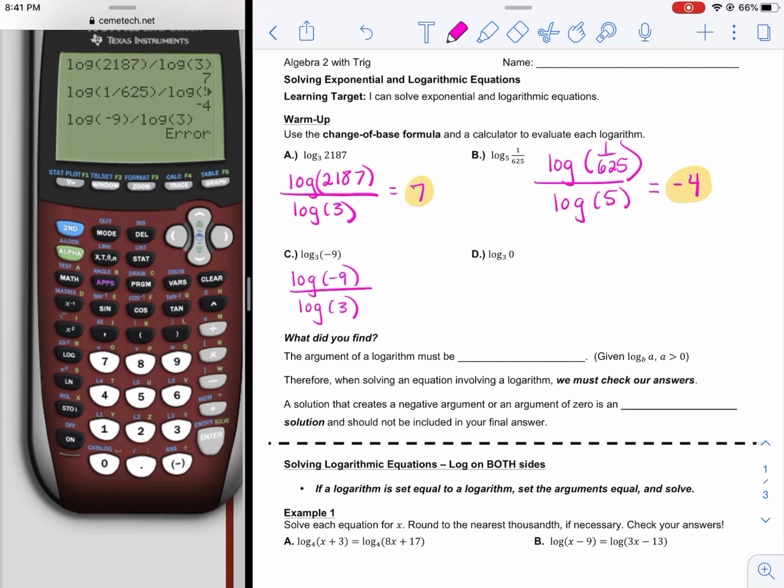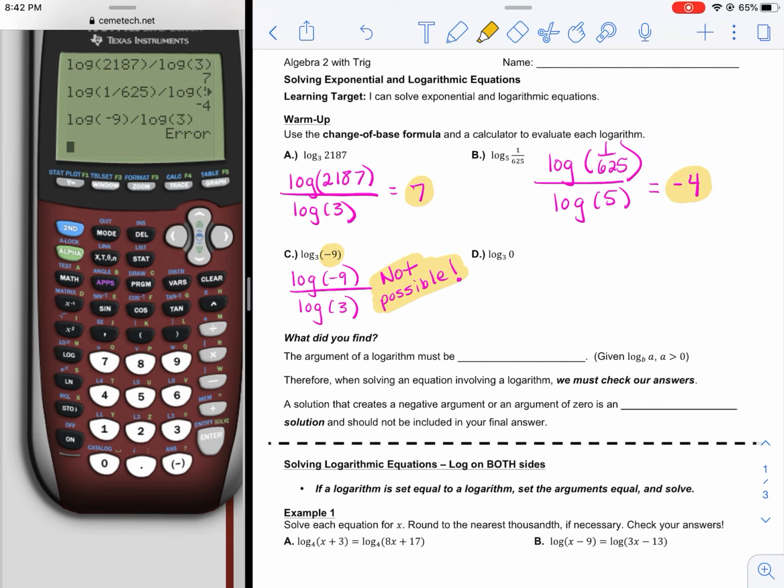And the reason that we have an error, and we kind of say this is not possible or undefined, is because that argument has to be greater than 0. So the -9 is called the argument, and you cannot take a log if that argument is negative. 3 to what power equals a negative? It doesn't work out when that argument is negative.